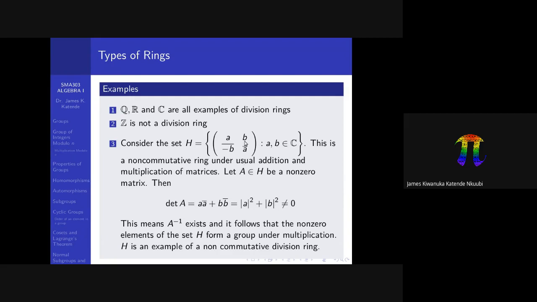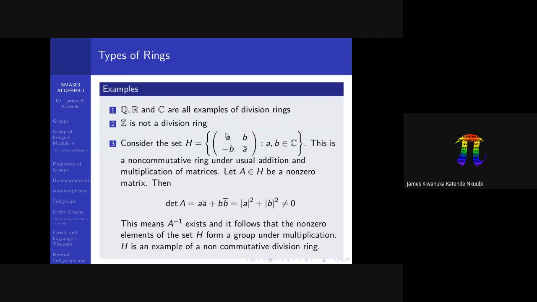We know that the identity matrix also belongs to this set. So what is left? It means that under multiplication, this set H will also be a group. This is something you can check.